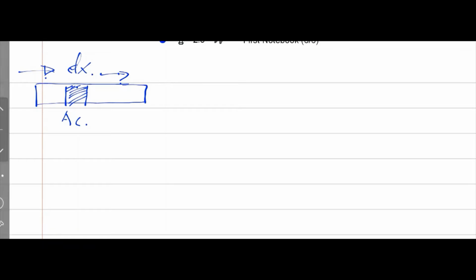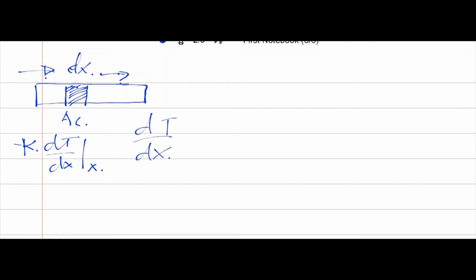Okay, here we have uniform cross section with small length dx and cross-section area A. So I have in and out heat, that is minus k dT by dx measured at x, then minus k dT by dx at x plus delta x. So both sides multiplied by A, that's area.